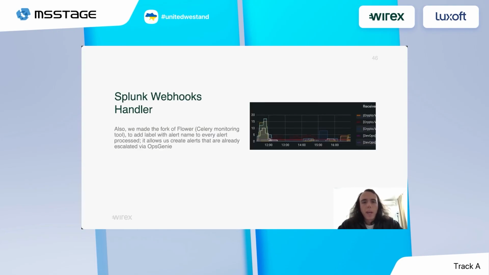Also, we made a fork of Flower. This is a Celery monitoring tool, just to add a label with the alert name to every alert processed. It allows us to create alerts that are already escalated by OpsGenie.